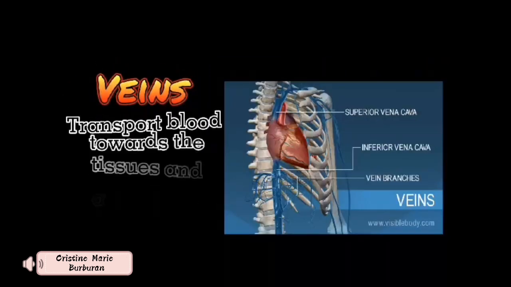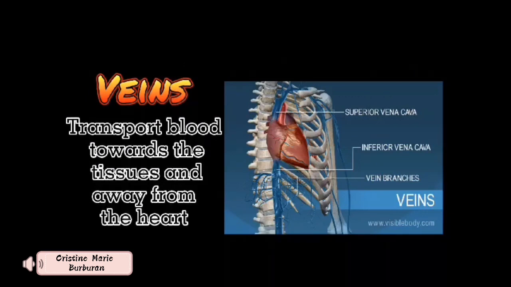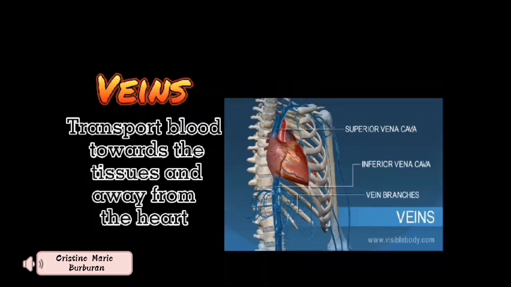Veins carry blood away from the tissues and towards the heart and have thin walls. Their internal lumen is larger than that of the arteries because they contain blood under low pressure. They also have valves that prevent the blood from flowing backwards.